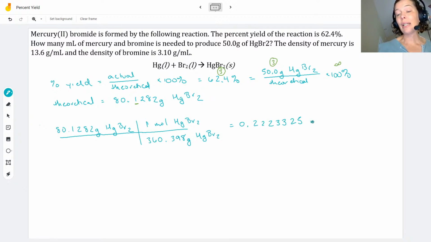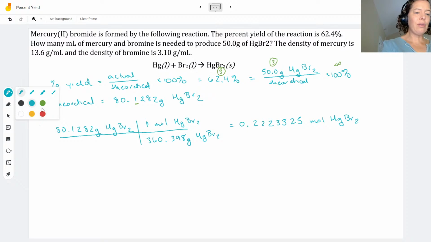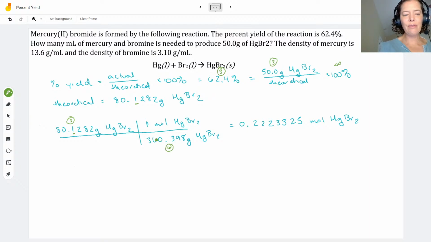Okay, so that is plenty of decimal places. But again, we'll mark where we're going to round for sig figs. So originally I'm rounding here. That's 3 sig figs. My molar mass is 6 sig figs. So I need to round to 3. I am rounding at that 2 right there for my moles of mercury bromide.